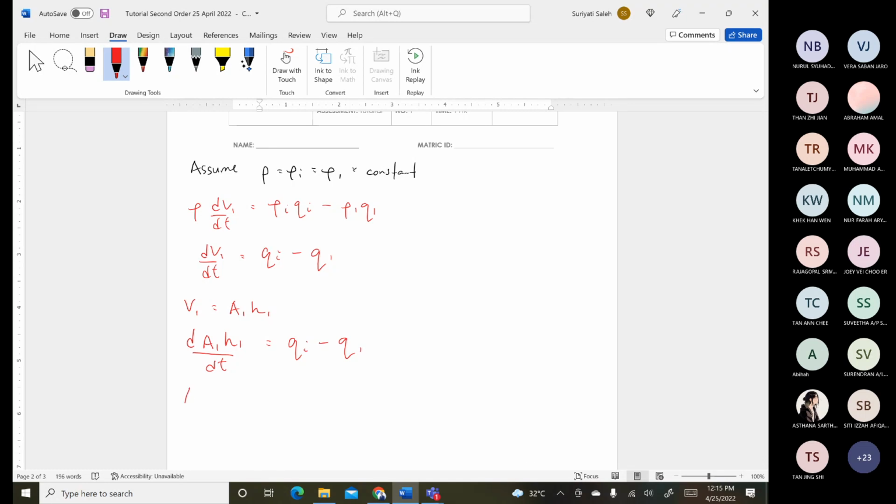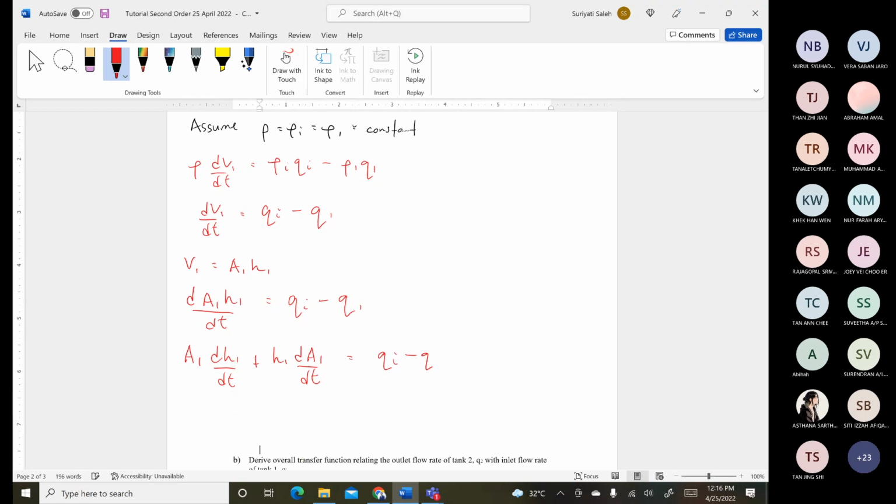This equation can be further represented as A1 dH1/dt plus H1 dA1/dt equal to Qi minus Q1. On the left-hand side, we have two terms: the change of height in the first tank against time, and the change of cross-sectional area.